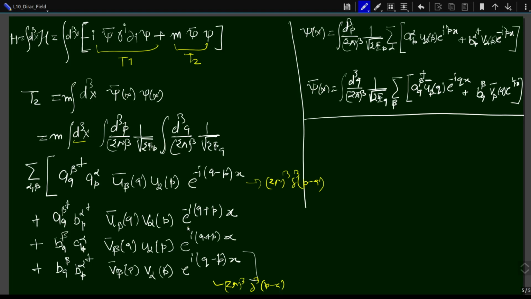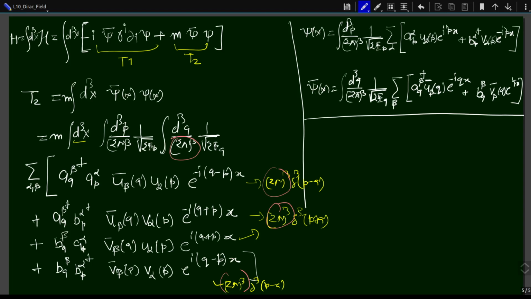And these two terms will go to (2 pi)^3 delta 3 (p plus q). So after having done the x integral, I get this exponential factor converted into these delta functions. Then you cancel the 2 pi cube with the 2 pi cube over there, so all of these 2 pi cubes cancel with this 2 pi cube.